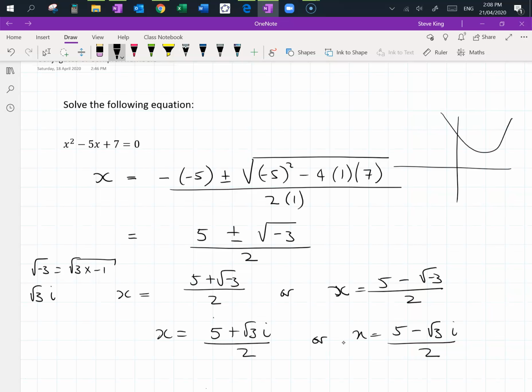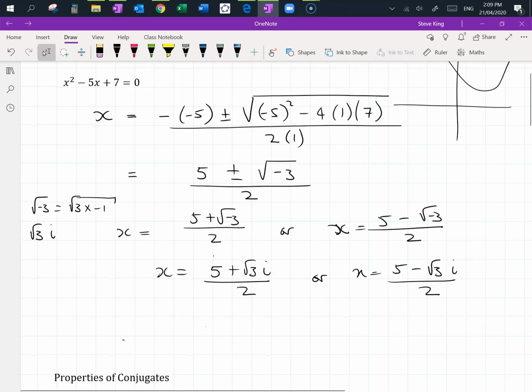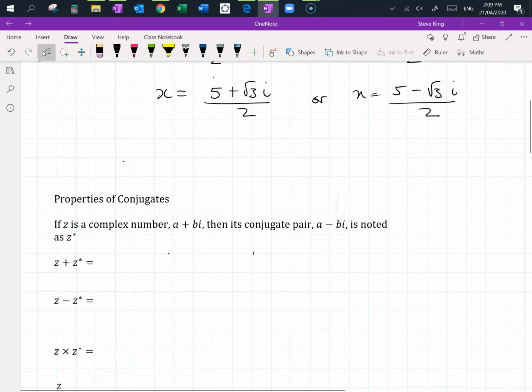And what we have here is a pair of conjugate solutions, a pair of conjugate numbers that we get with all complex numbers. So whenever we solve a quadratic equation that's got complex roots, we're going to come up with a pair of solutions, and they are called a conjugate pair. And that's what we're looking at in this particular topic.